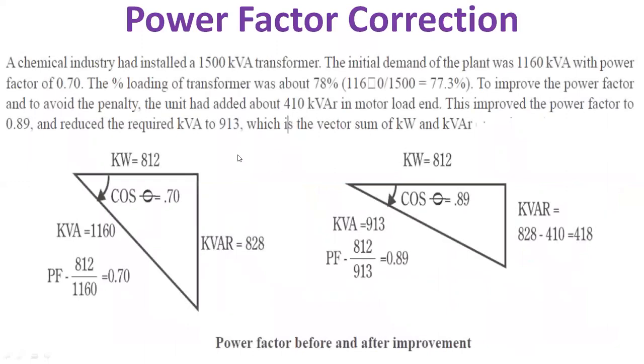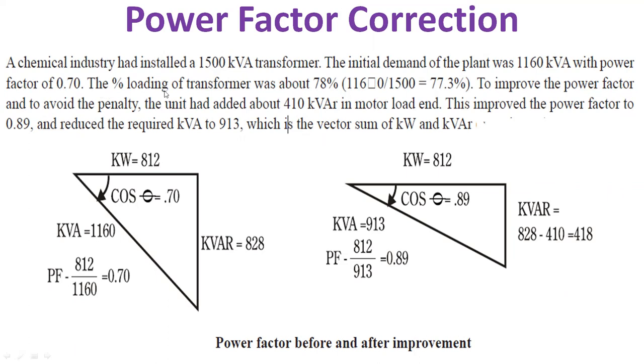Then for power factor correction, we take the example of a chemical industry which had installed a 1500 kVA transformer. The initial demand of the plant was 1160 kVA with power factor 0.7.